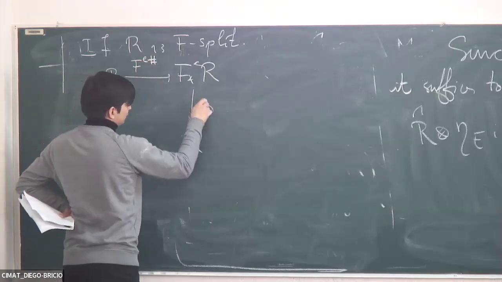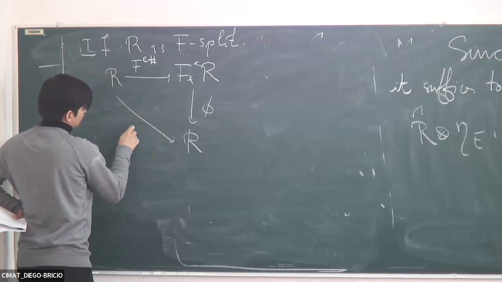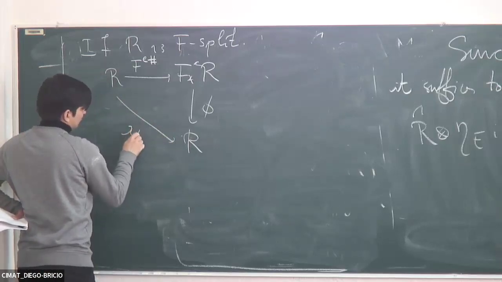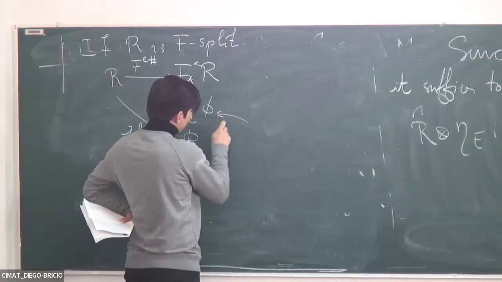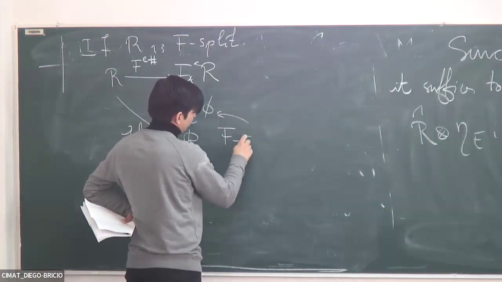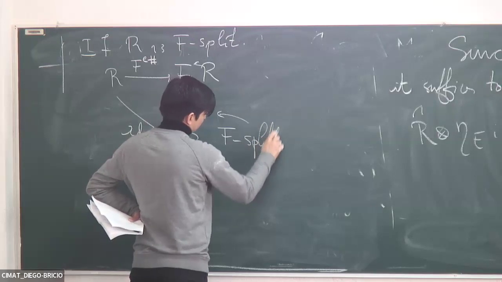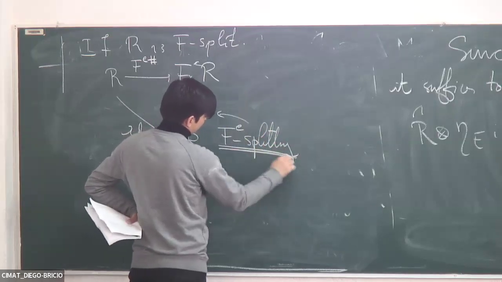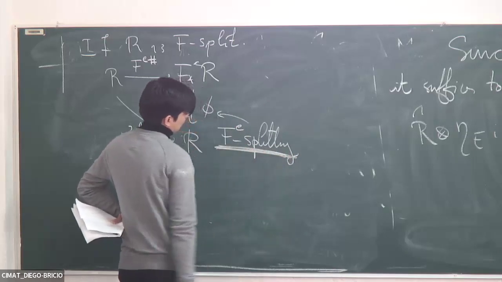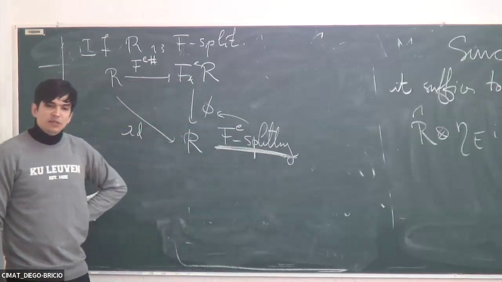So it means the existence of phi such that this is the identity, right? This thing here is referred to as an F-splitting. I guess F^e-splitting, to be more precise. And this is what the theory is all about.